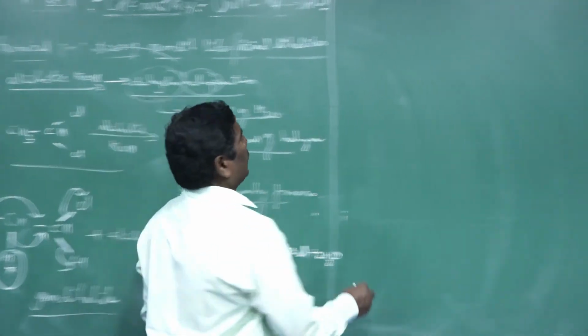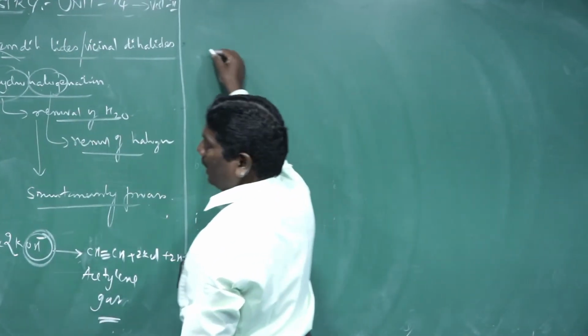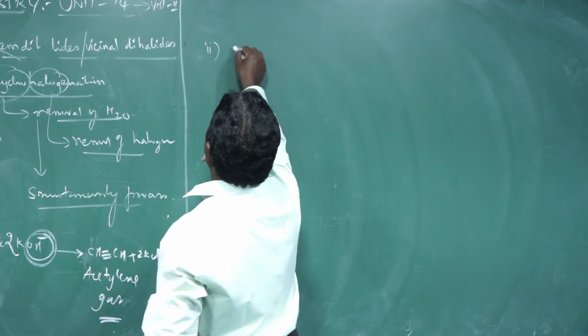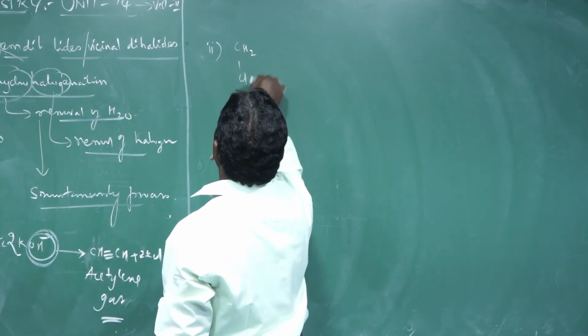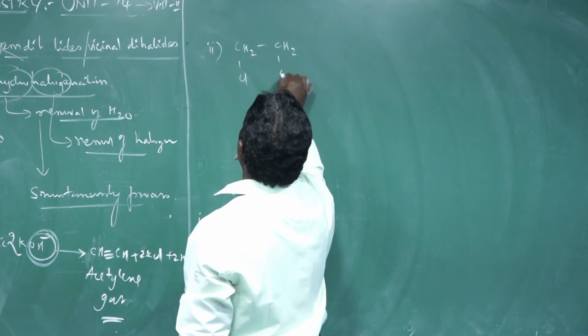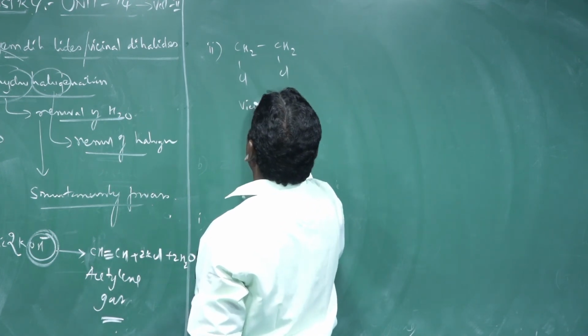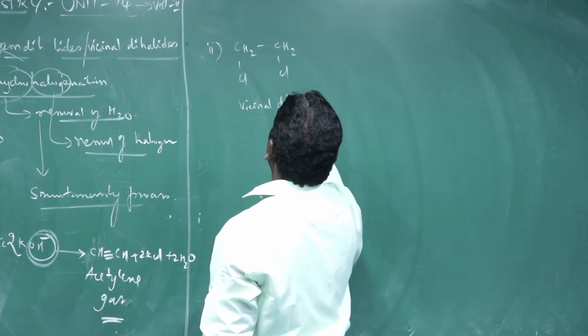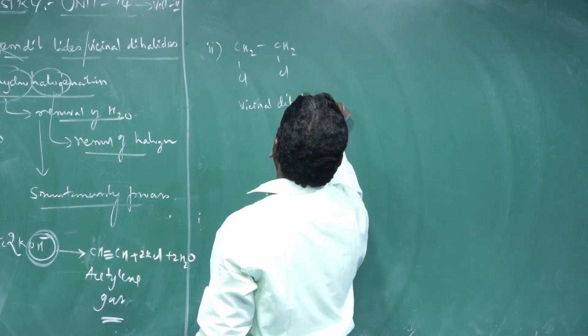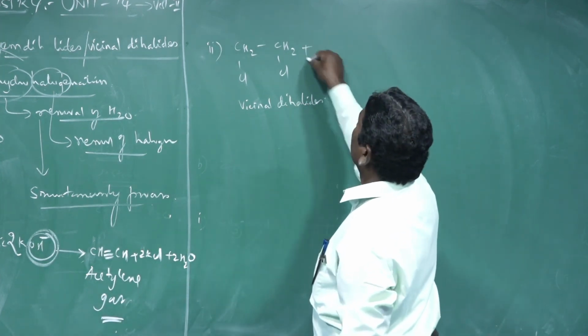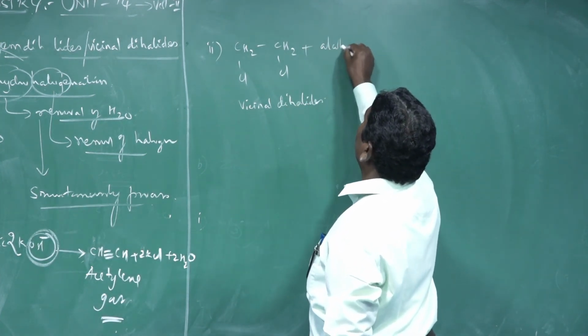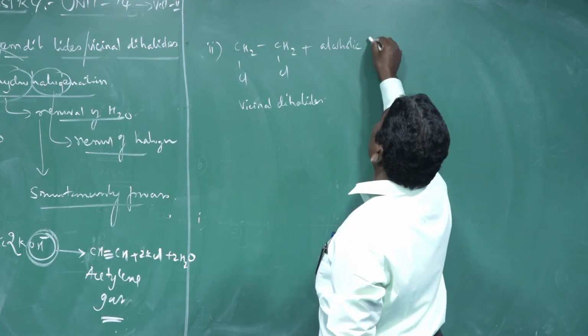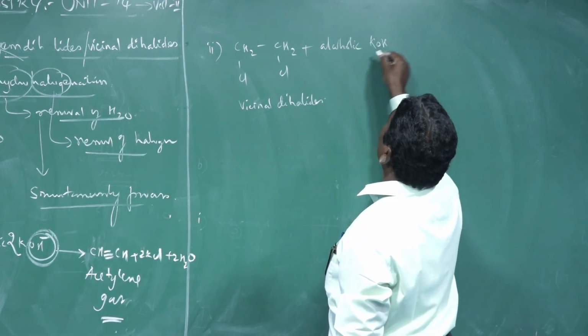Now we are going to see the vicinal halides, the second one. CH2Cl-CH2Cl, this is vicinal dihalide, also treated with alcoholic KOH.